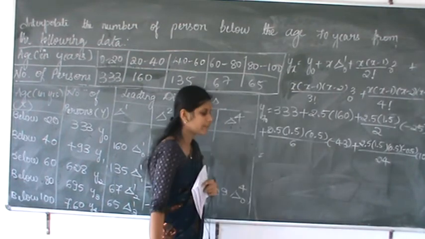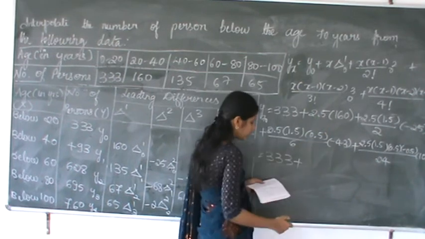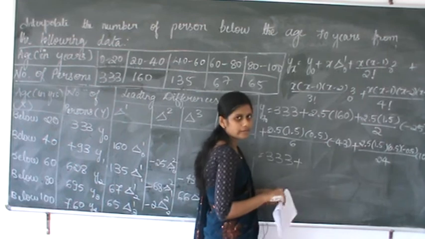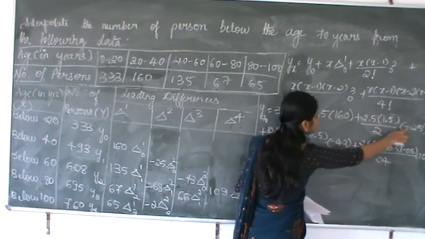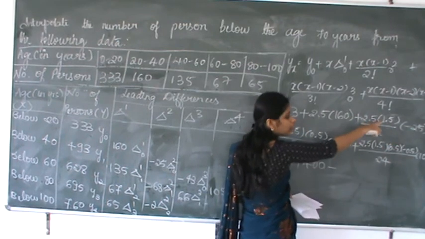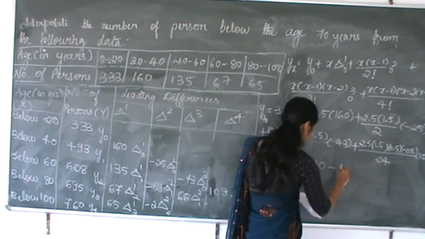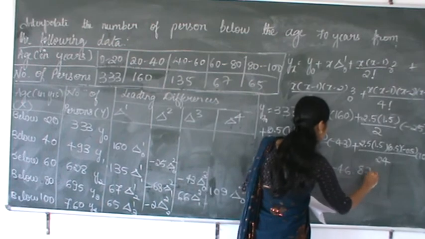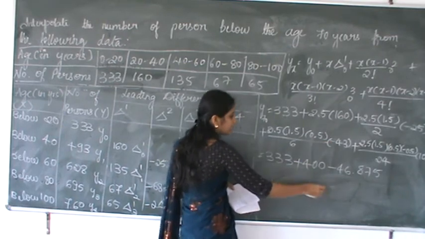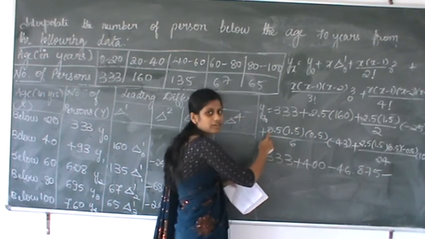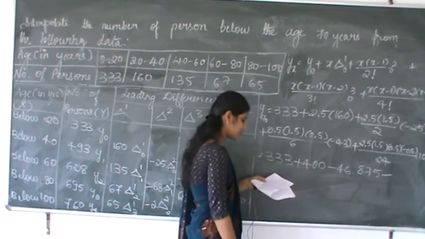Now simplify this equation. 333 plus 2.5 into 160. 2.5 into 160, answer is 400. Next plus into minus will be minus. 2.5 into 1.5 into 25 divided by 2 is 46.875. Next plus into minus will again be minus 2.5 into 1.5 into 0.5 into 43 divided by 6.